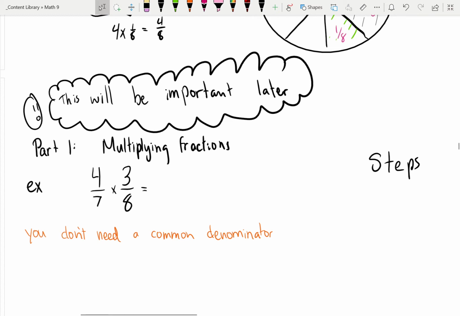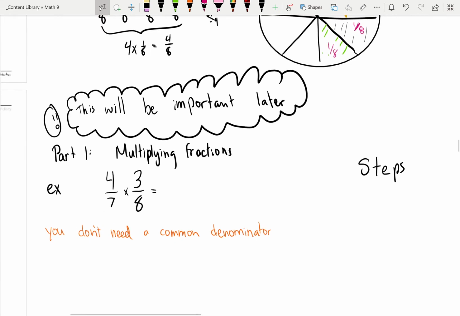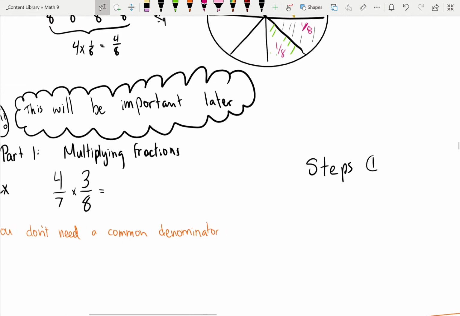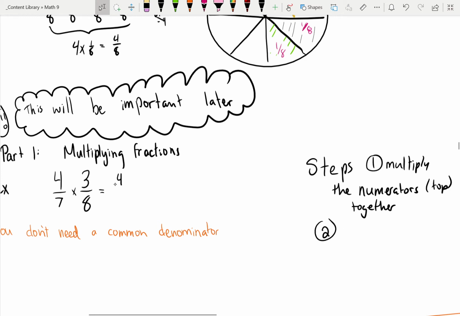the way I can think about this is step 1 is going to be multiply the numerators, or the top, together. So first step, I'm going to have 4 times 3, and then I'm not going to solve it just yet.